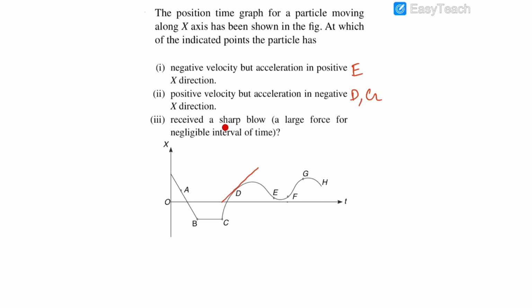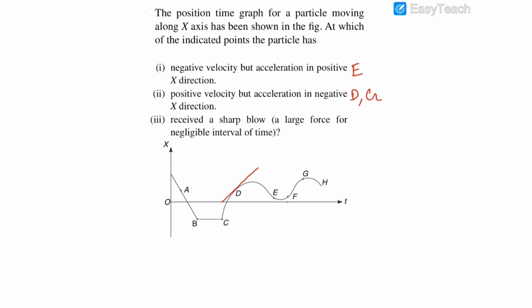Now question C, that this particle has received a sharp impulse, which means impulsive force which is acting for a very low period of time. So you can see that at point B and C, in fact at point B the velocity was non-zero, and suddenly at B velocity becomes 0, which means that in negligible time velocity has reduced to 0.